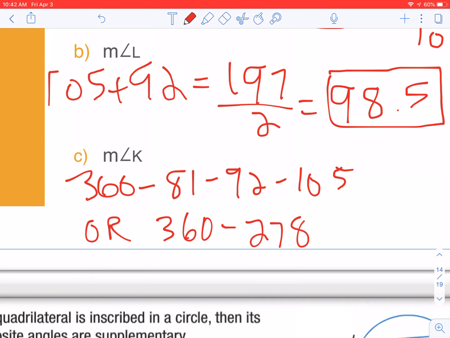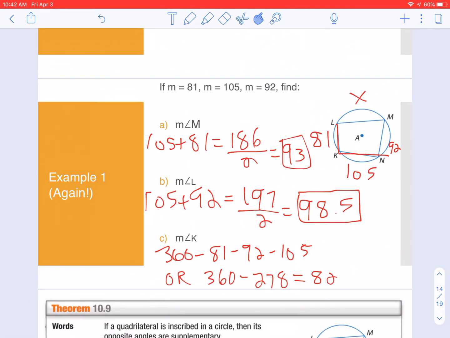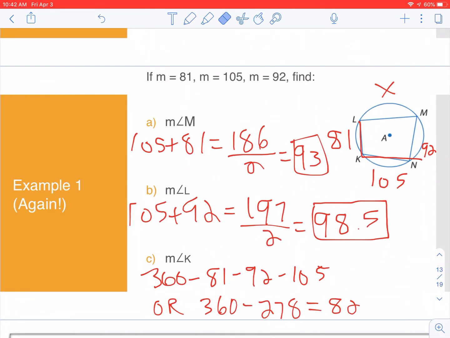If I add up 81 plus 92 plus 105, I get 278. And I subtract that, I'm going to get 82. So if x equals now 82, highlight that.